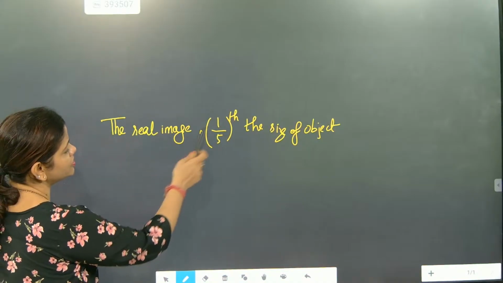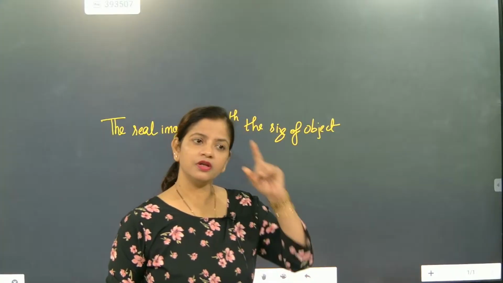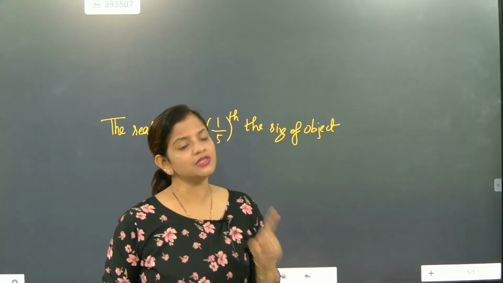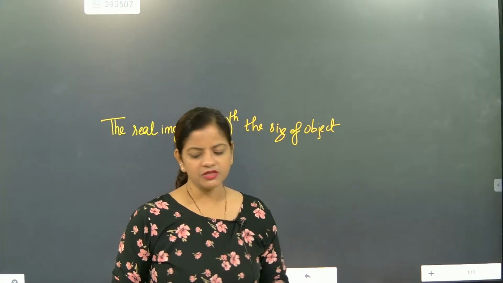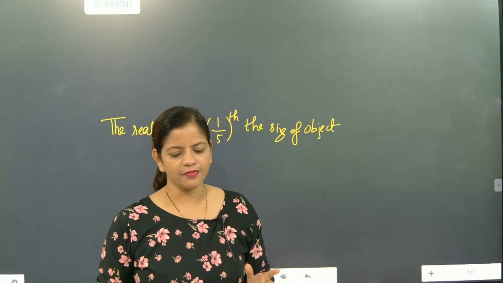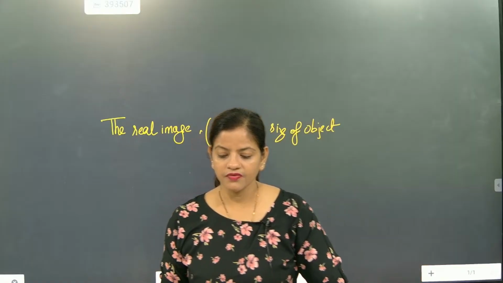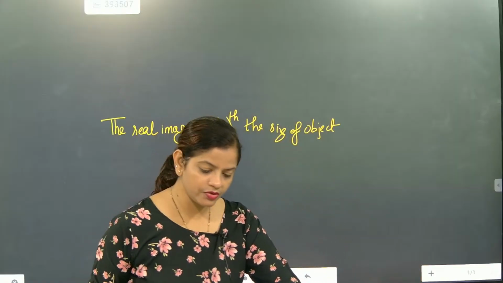The real image is 1 by 5th the size of object. So that means what? Remember, whatever question is given in physics, numericals, everything will be exactly answerable. Just wait, I'll explain everything. First I write the question, Vijaya. After that, you are going to solve it better.